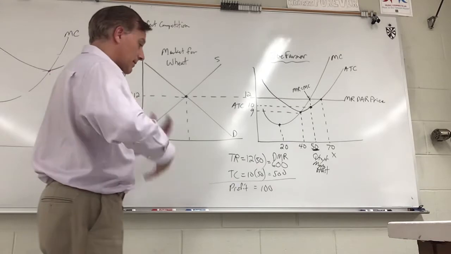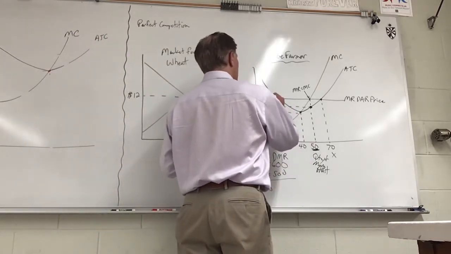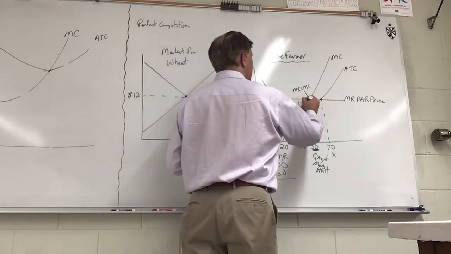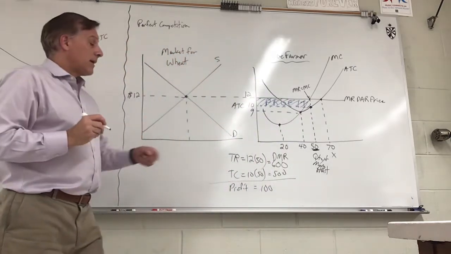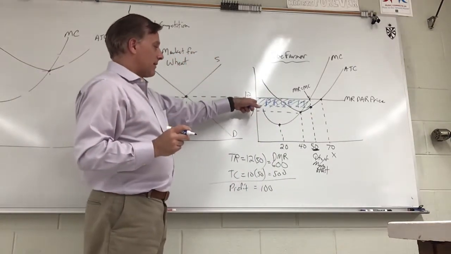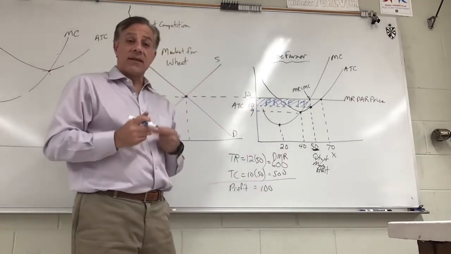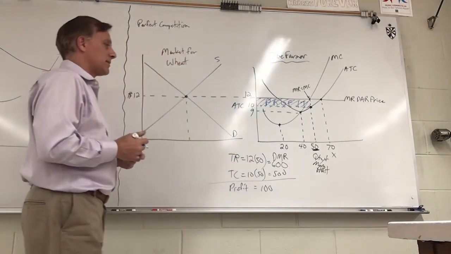And give me some green, give me some green. I don't have any green, so here's some blue. This isthmus here is my region of profit, okay? And if I did my math correctly, 12 minus 10 is 2 times 50, also 100. So I verified in 2 ways that that is the correct answer.